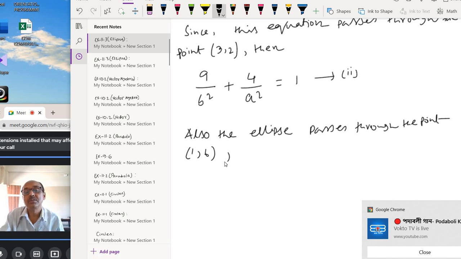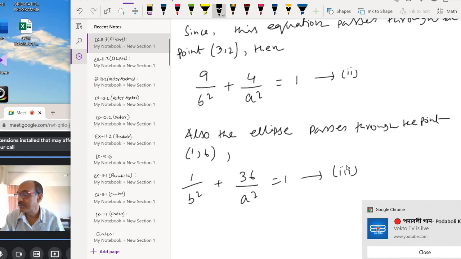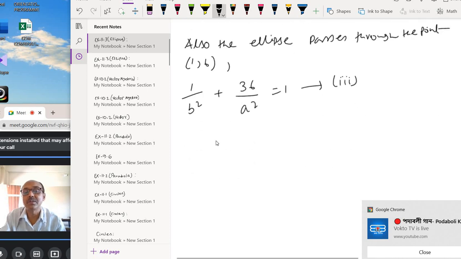Now put x equal to 1 and y equal to 6 in equation 1. So 1 by b square plus 36 by a square equal to 1, equation number 3.